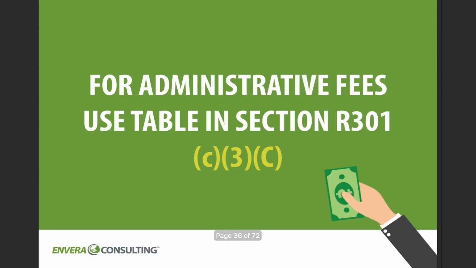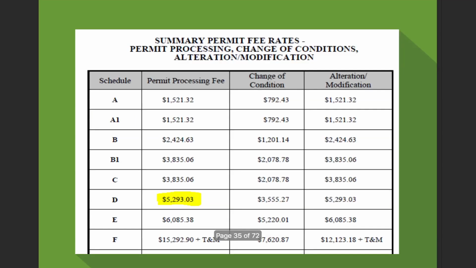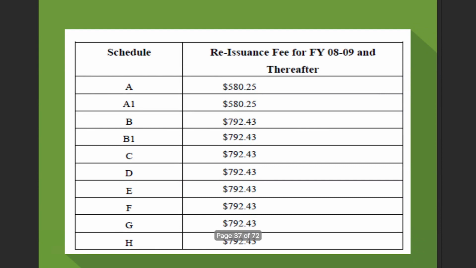Now, the one permit application type that is not listed on this fee chart is the admin changes. If you go back to this chart, you can see that it only has permit processing fee, change of condition, or alteration modification. Admin changes are not listed here, and that's because admin changes are listed in Rule 301, Section C3C.